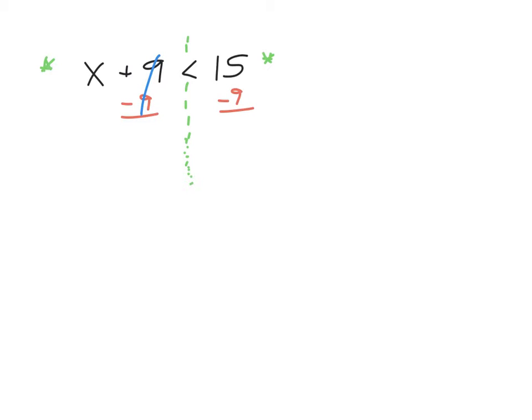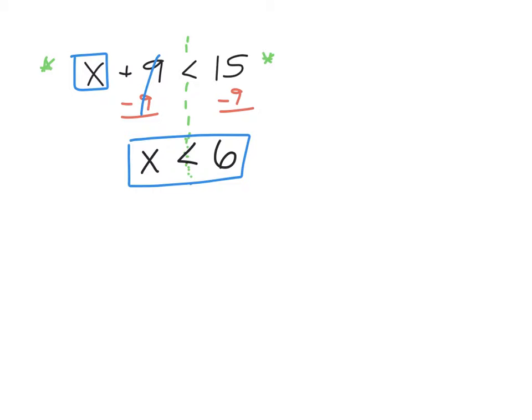These 9's turn into 0, and we end up with x is less than 15 minus 9, which is 6. And now we're down to an inequality that looks a lot like what we worked with on the last slide, right? x is less than 6. Any number that's less than 6 makes this inequality true. We could plug any number less than 6 in for x, add 9 to it, and it would be less than 15.